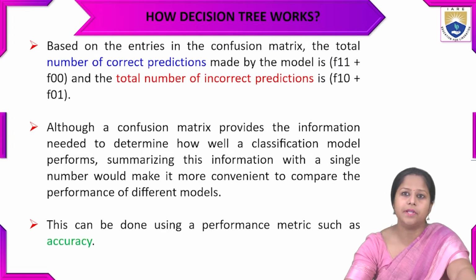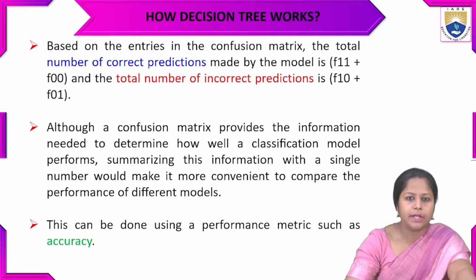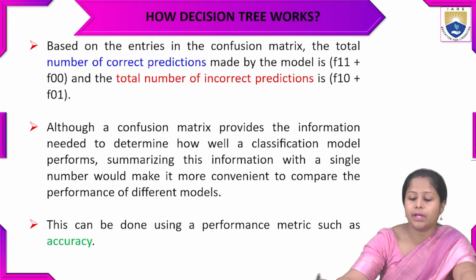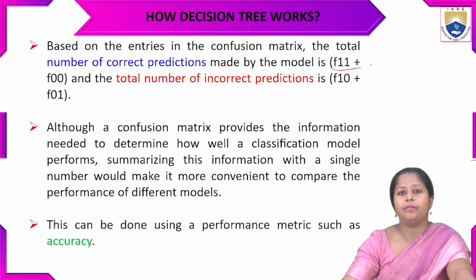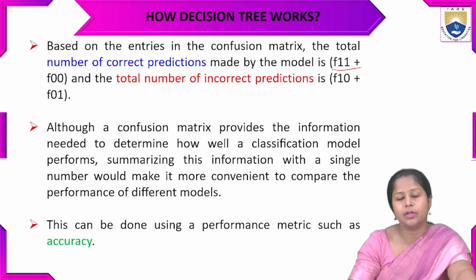Based on these entries of the confusion matrix, the total number of correct predictions made by the model is the sum F11 plus F00. That is the total number of correctly classified predictions in the confusion matrix.